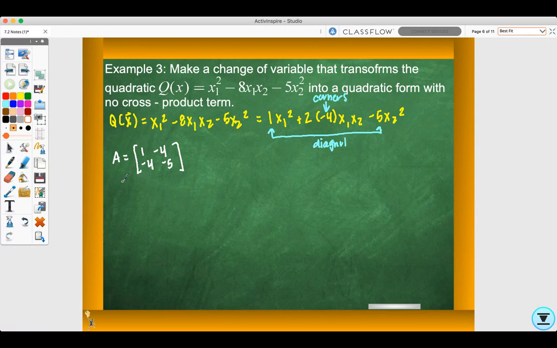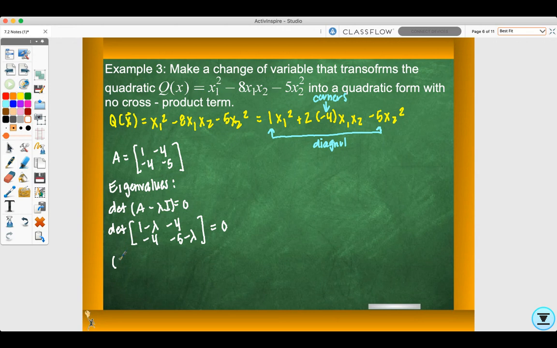We need to find our eigenvalues. To do that, remember, the determinant of A minus lambda I equals 0. So the determinant of 1 minus lambda, negative 4, negative 4, negative 5 minus lambda equals 0.